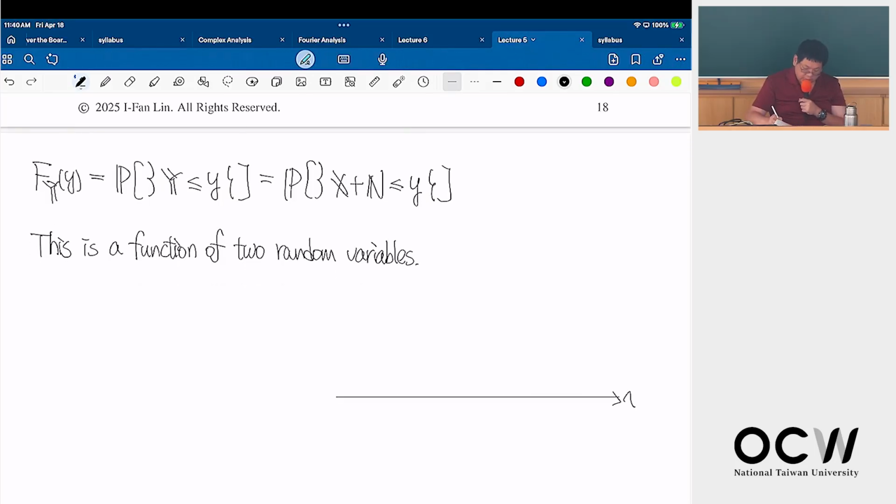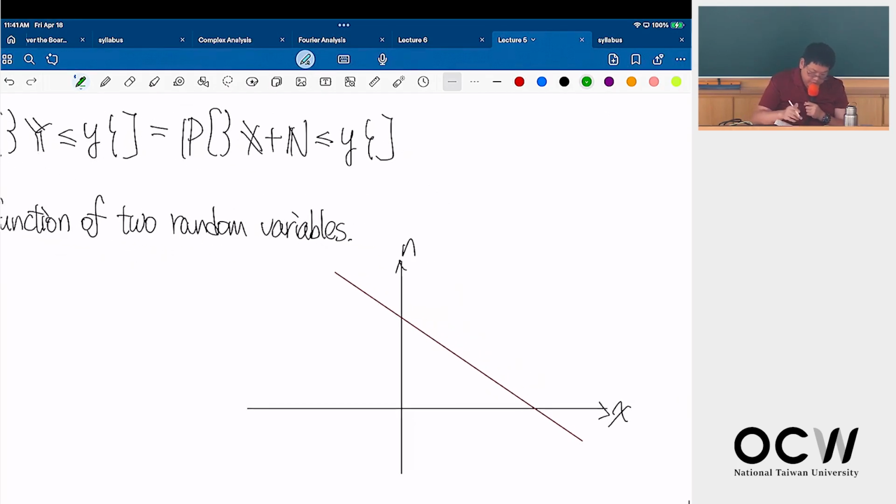So here's x and here's n. Suppose x plus n is less than that, so this is your area.